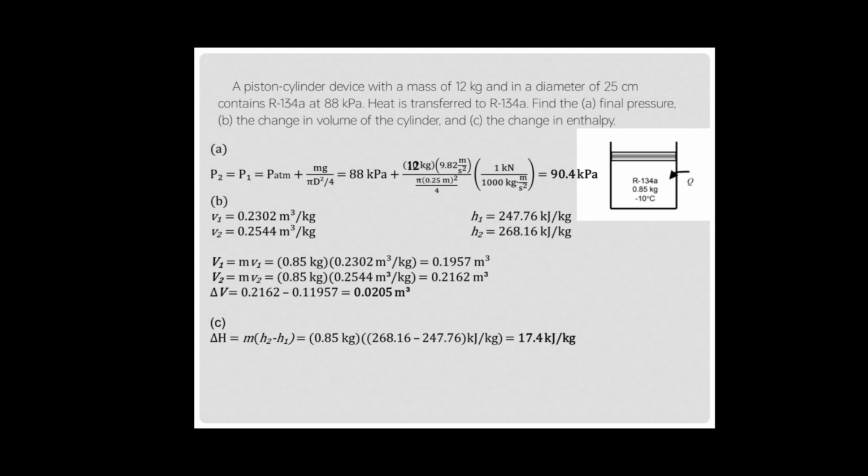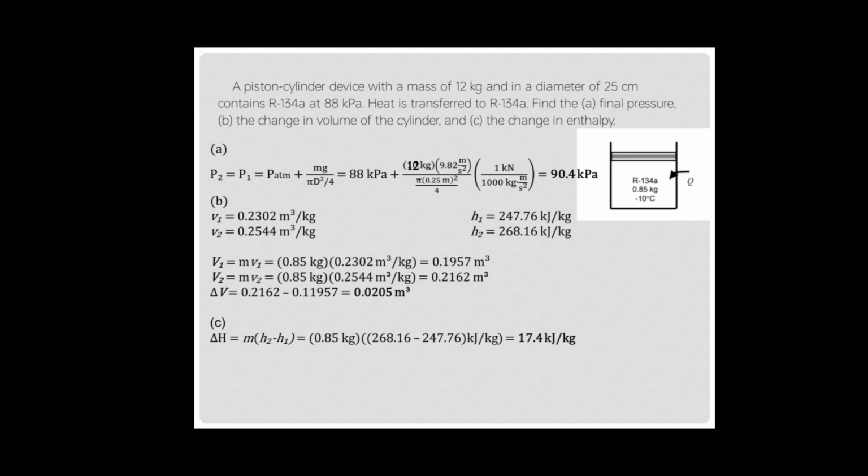Now, the value for this 12 kilograms times 9.81 meter per second squared is in newton. Now we need to convert it into kilonewton, so we get kilopascal, because it is kilopascal plus kilopascal. Now this is our pressure, 90.4 kilopascal.